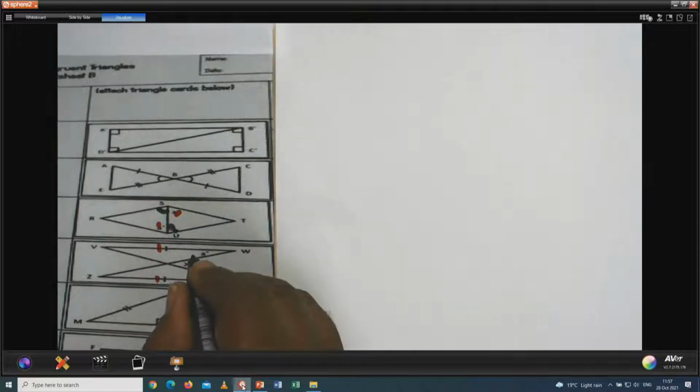We are given all that. What else are you given? We are given this angle equals this side. So my crayons or my colored pens will remind me. What else are we given? Nothing else is given. What is the relationship between the two?